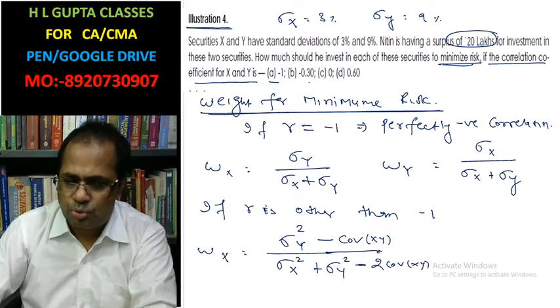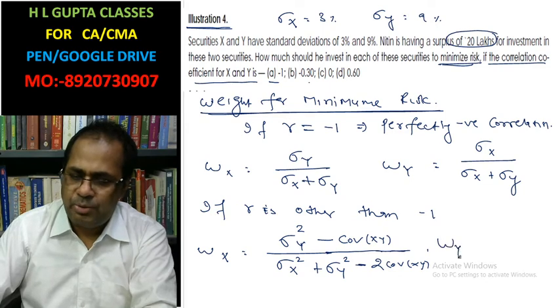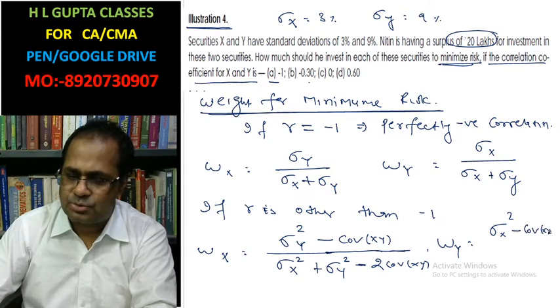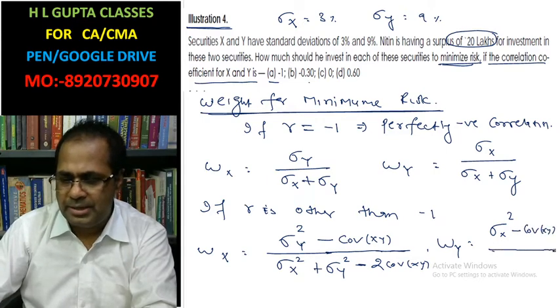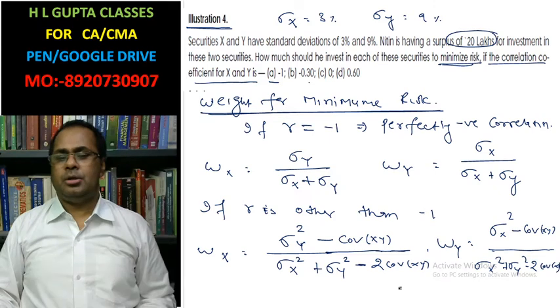Similarly, weight Y equals the standard deviation of X squared minus covariance XY, whole divided by the standard deviation of X squared plus the standard deviation of Y squared minus 2 covariance XY.